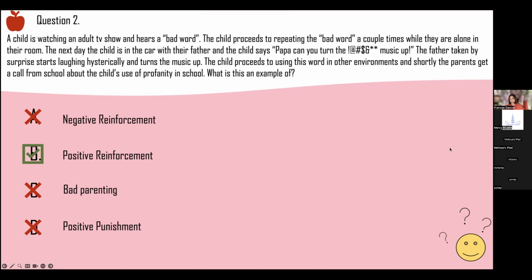Like, "Papa, can you turn the music up?" So something was added, which was the hysterical laughing and turning the music up. The behavior is going to happen in the future. And the reason we know it's happening in the future is because the child proceeds to use the word in other environments, and shortly the parents get a call from the school about the child's use of profanity. So it was reinforced because the occurrence of this increases in the future. Okay.